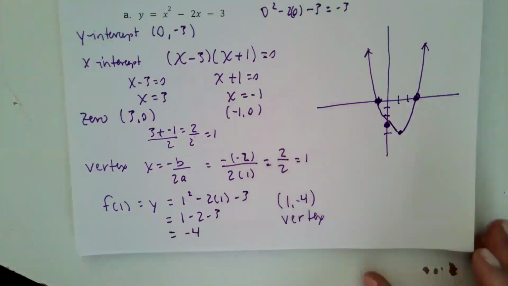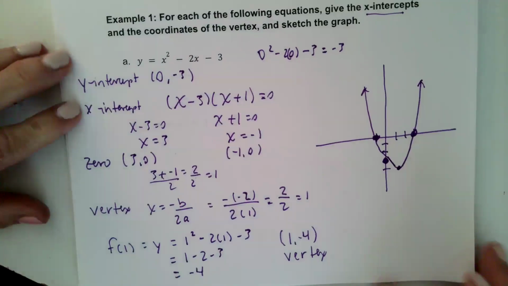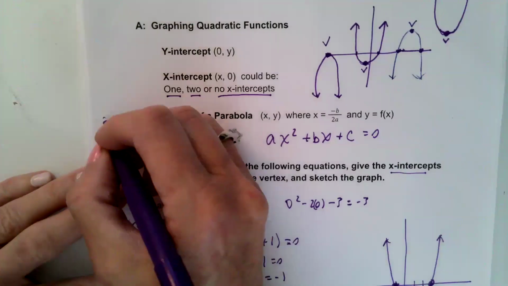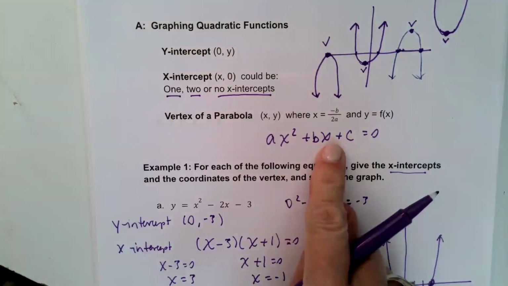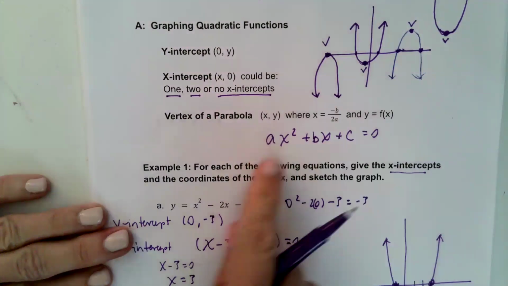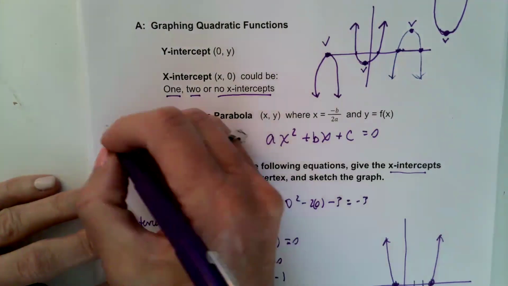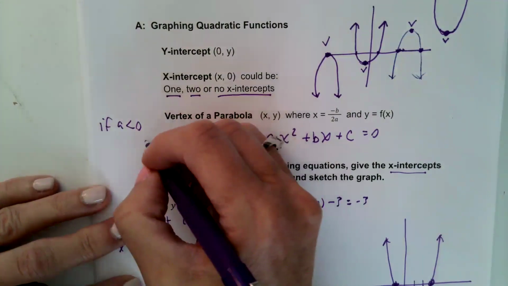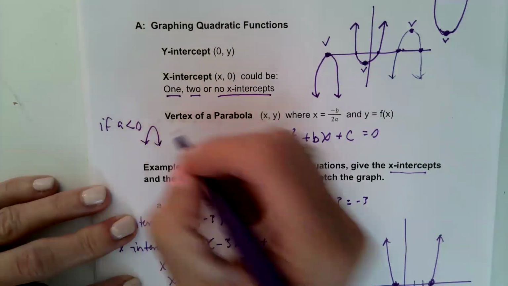Okay. Now, there's a few other things I wanted to point out. In your quadratic equation, when it's all to one side and set equal to 0, if A is less than 0, then it's going to be a face down parabola.